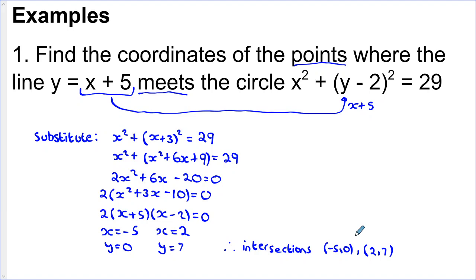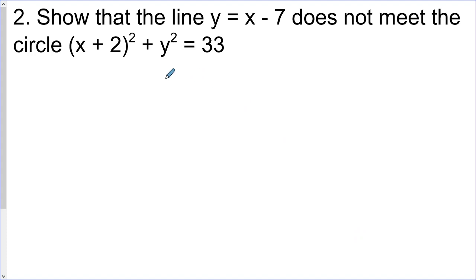Example 2. Let's show that this straight line does not meet the circle with this equation. So here we're showing that there are no solutions to this pair of simultaneous equations. So we go about it the same way.